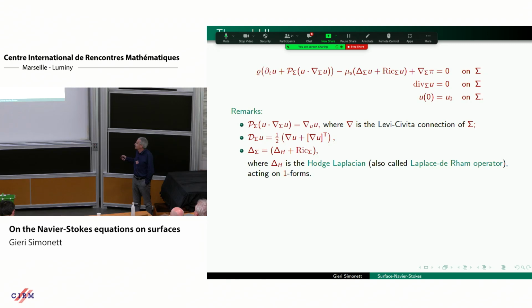The Hodge Laplacian by definition acts on one-forms or on cotangent vectors, not on vector fields. So whenever you use it, you need the interpretation that you have a vector field, you convert it into a one-form, you apply it here, and once you're done, you have a one-form or a covector field, and you go back. So this is the connection, and you can go back and forth.